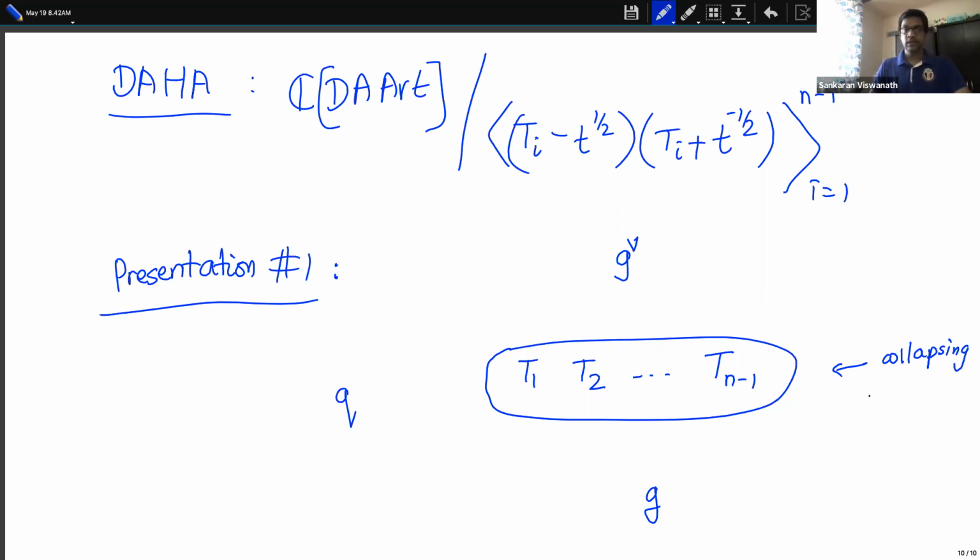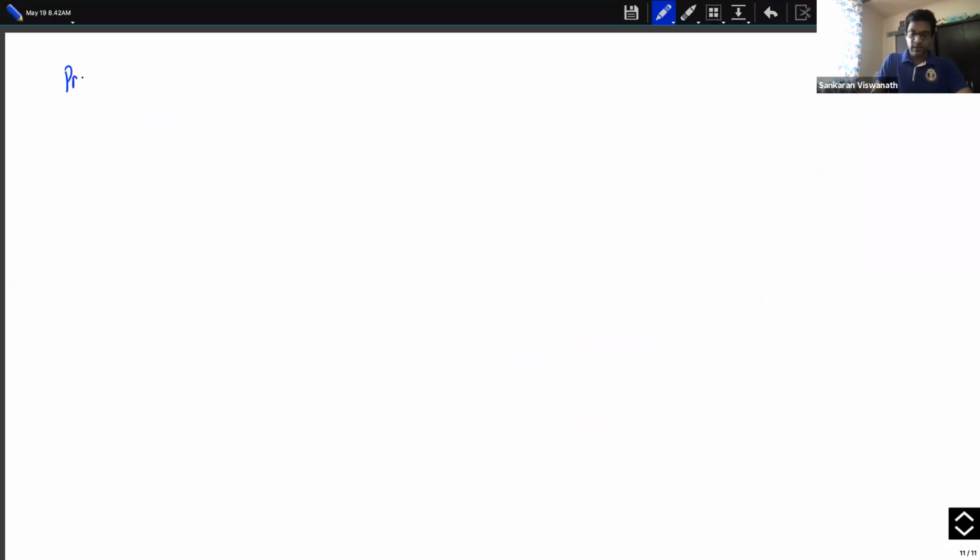These are the generators, and we have a bunch of relations. But let me quickly draw the other diagrams as well. So this presentation number 2 that Raghavan talked about is where you take the T's and replace the G check on top. So keep the G as it is.